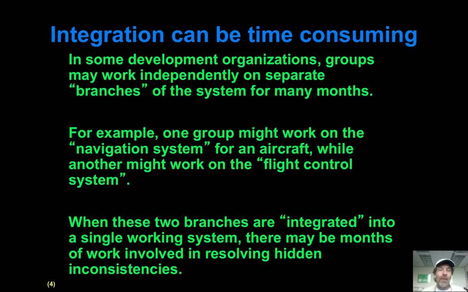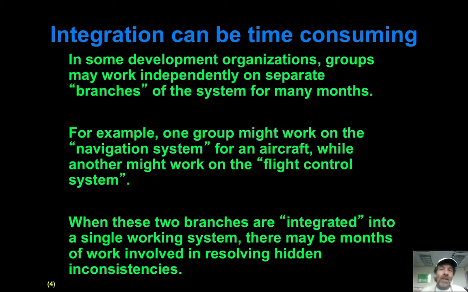Okay, so the more time that elapses between the time that you introduce an inconsistency and the time that you detect it means even more things can be done that were based upon that initial inconsistency, and you've got to unwind a lot more work. Does that make sense?